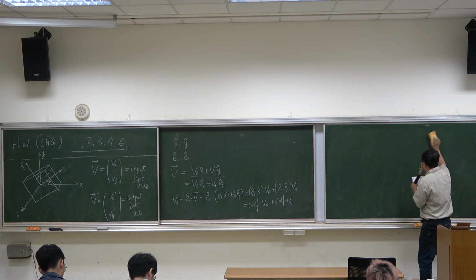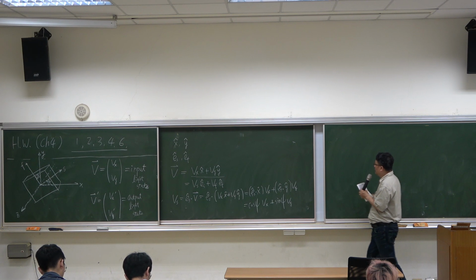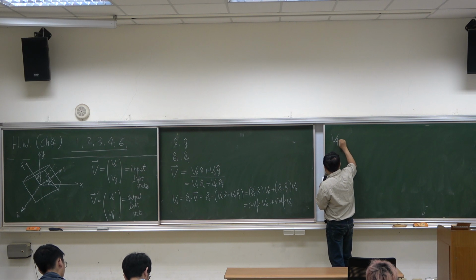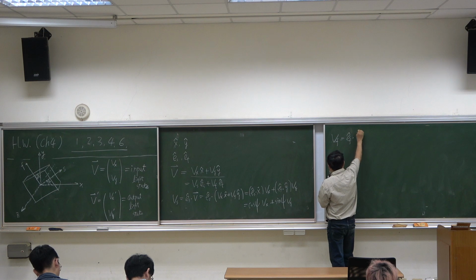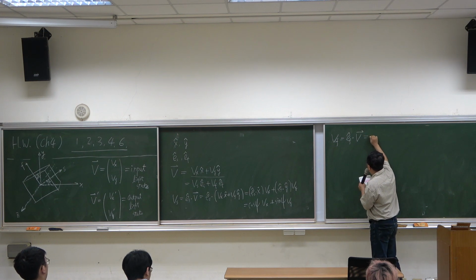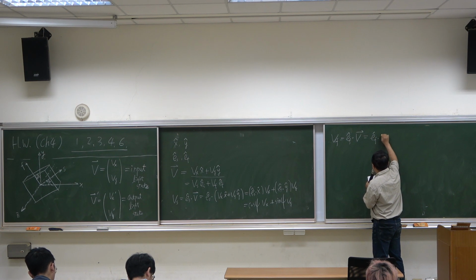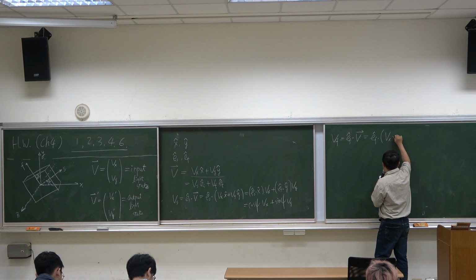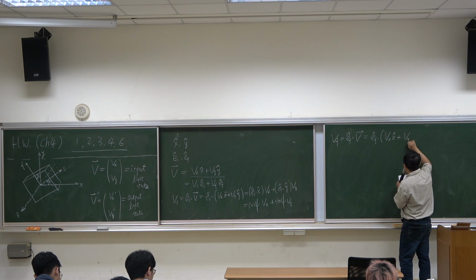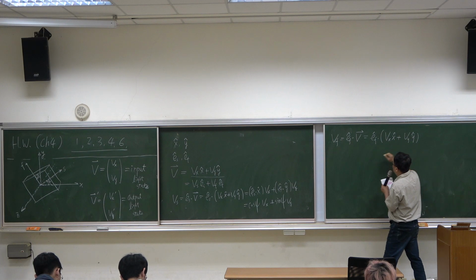Similarly, we can derive Vf. Vf is equal to Ef dot V, and this is Ef dot (Vx x plus Vy y).